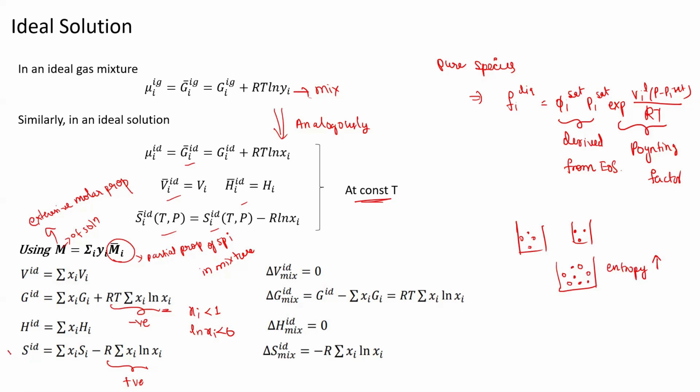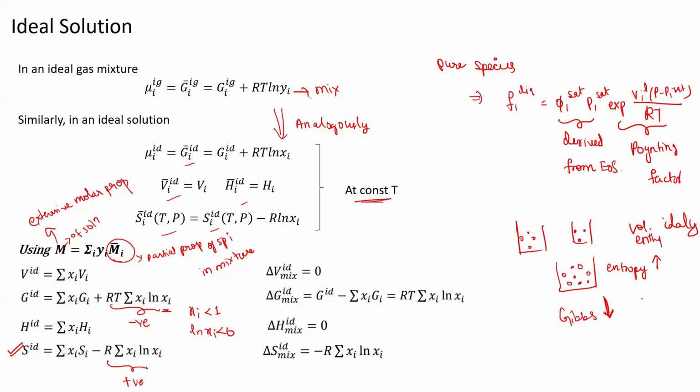The mixture entropy is greater than what it was when they were independently there. Volume is not changing ideally. Enthalpy is not changing ideally. And the Gibbs free energy decreases.